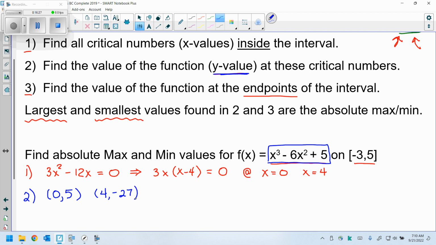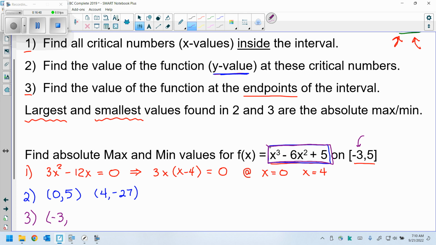And then the third thing we're going to do is find the value of the function at these endpoints. If I put a negative 3 into this same function right here, what do you get? If I put a 5 in there, what do you get?